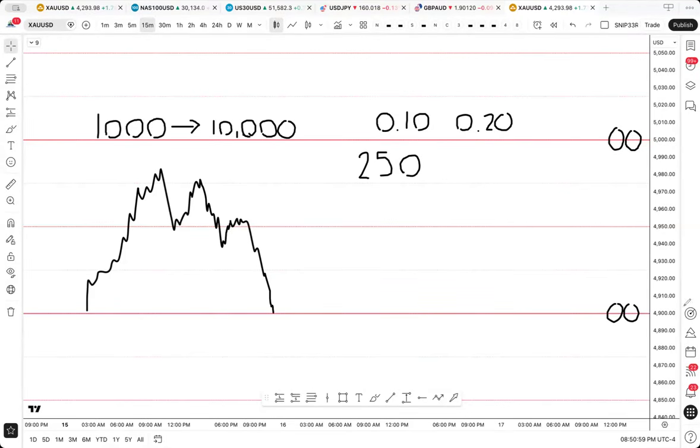this is one quarter. So from zero to zero, this would be one quarter. If you're going from zero to zero, that's $1,000 for a point 10. So whatever my lot size is, or let me better phrase this, whatever my account size is, that will be my max position size.